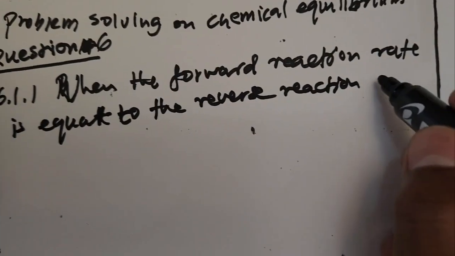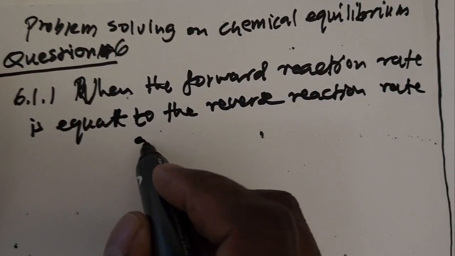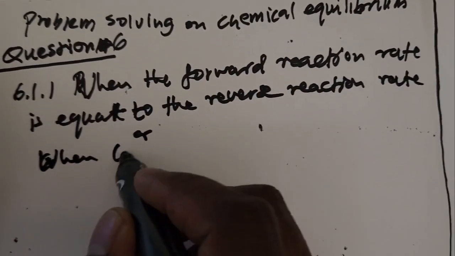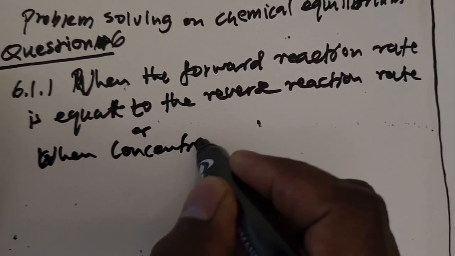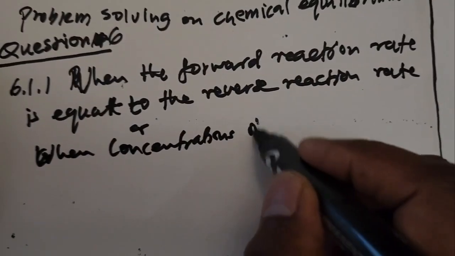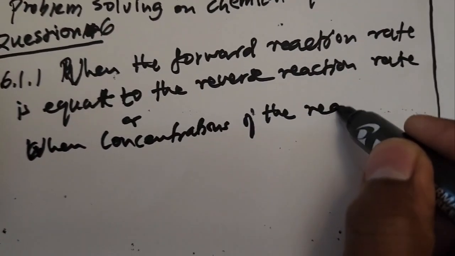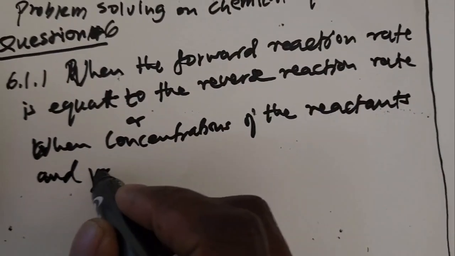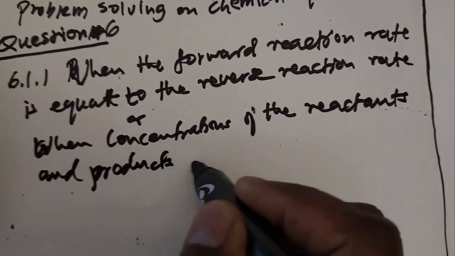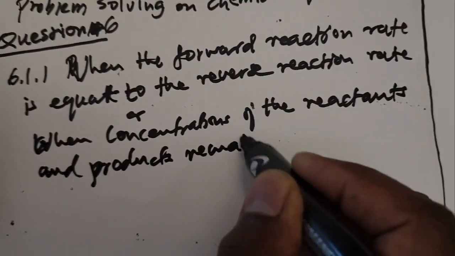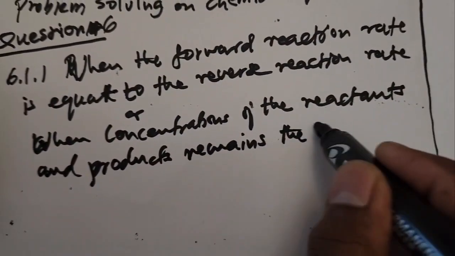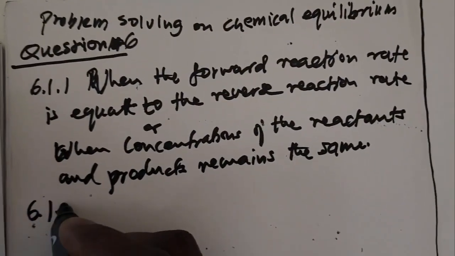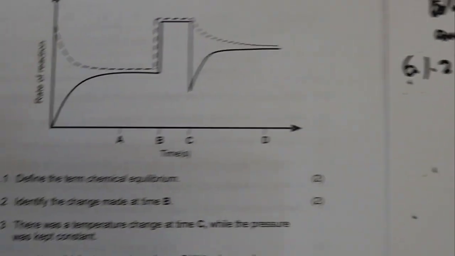So that's when you define in terms of rate, or you can define in terms of concentration to say it's when the concentrations of the reactants and products remain the same, remain unchanged, remain constant. That is the definition of chemical equilibrium.